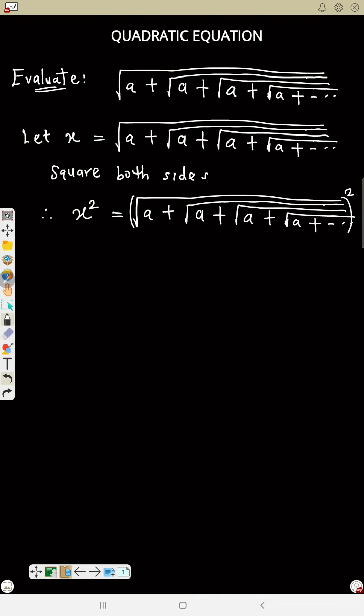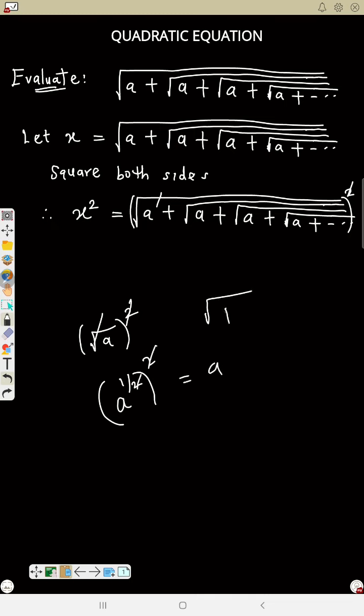Now if you square both sides, you will notice that the longest root will cancel out, because if you have square root of a and everything is squared, the square cancels out the root, because that root is the same thing as power half. So if you have the square root of any number and everything squared, the roots can cancel out.